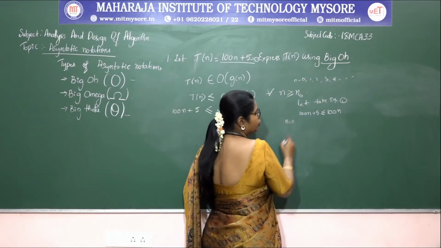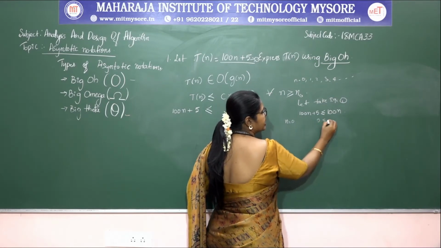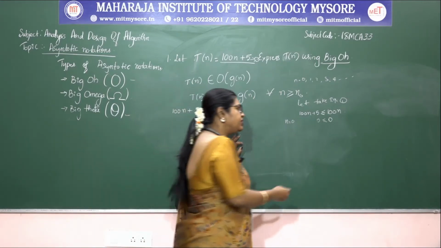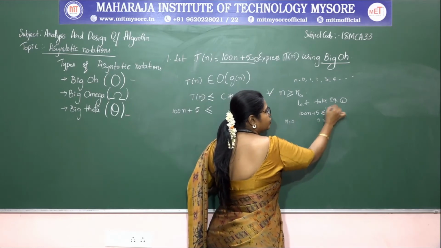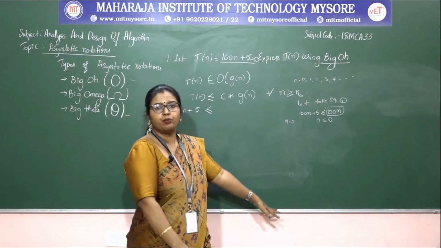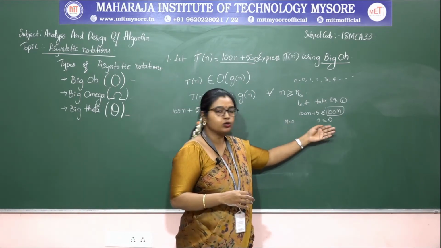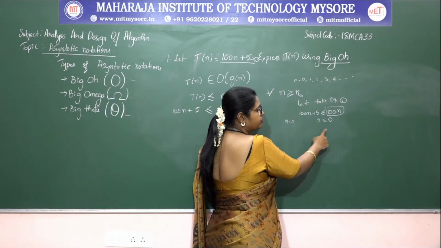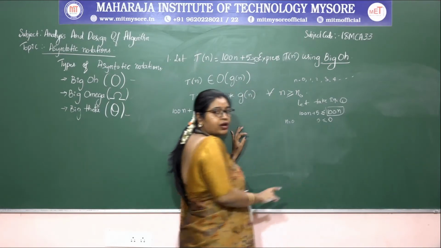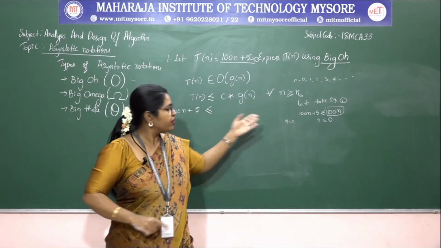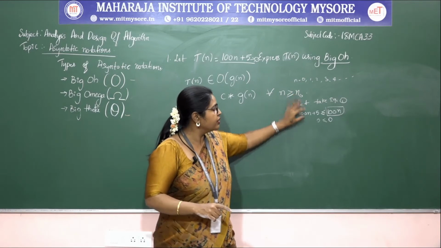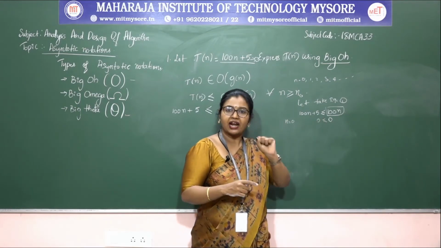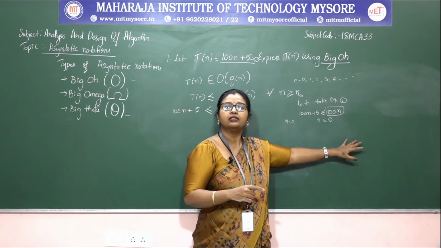For n equal to 0: 0 plus 5 is 5, and 5 less than or equal to 100 into 0, which is 0. Is it true? False. For n equal to 1: 100 plus 5 is 105, less than or equal to 100? Again false. For n equal to 2, you have 100n and along with that you are adding an extra 5, so definitely the left hand part will be greater than the right hand part.